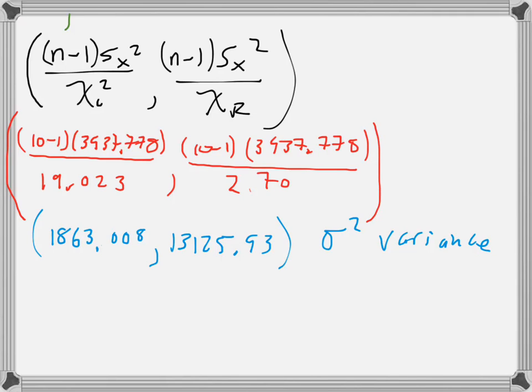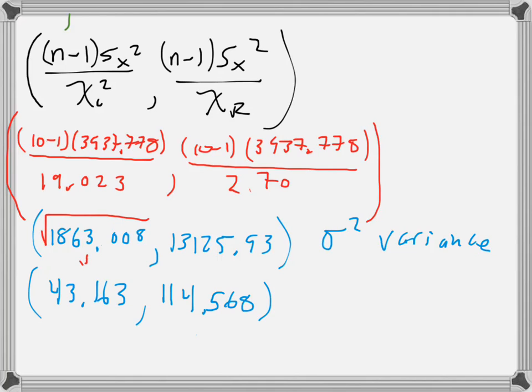Okay, last thing I'm doing to get my standard deviation is I'm just going to simply square root both sides. And after square rooting both sides, and again I say square rooting both sides because all I did in my calculator was take the square root of this number to get that, and the square root of that number to get that for my standard deviation.